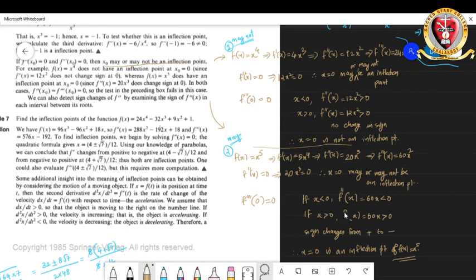Here f double dash of x will be 20 x cube. Okay, so yes, even that serves a purpose. That is strictly less than 0 when x is negative. Here this is equal to 20 x cube. That is strictly greater than 0 when x is positive. Okay, so yes, the sign is changing from negative to positive. That is again an observation there.